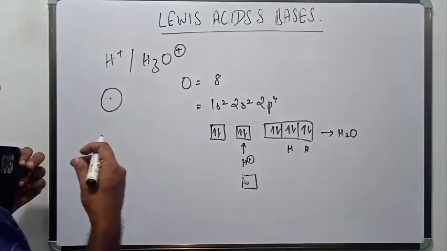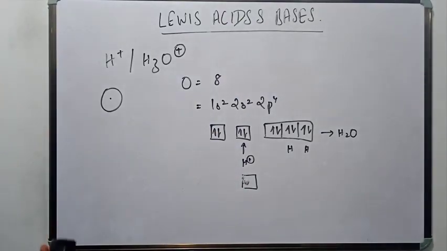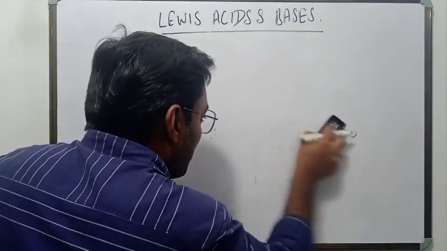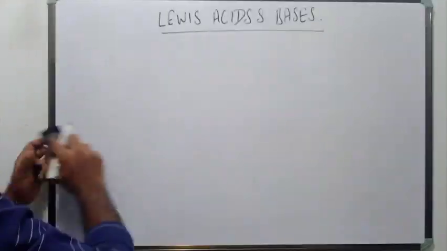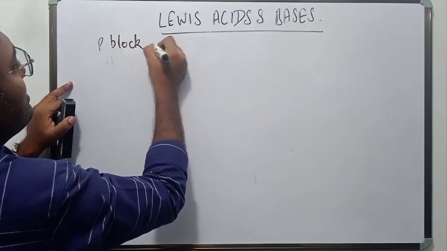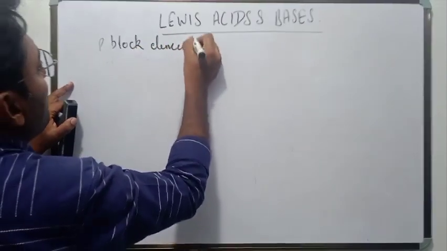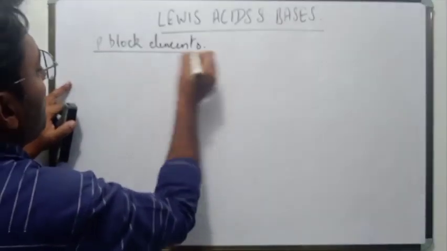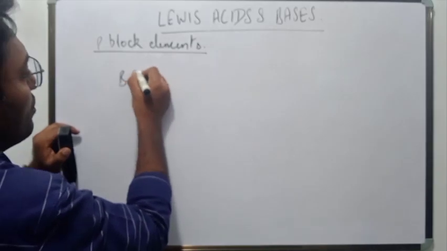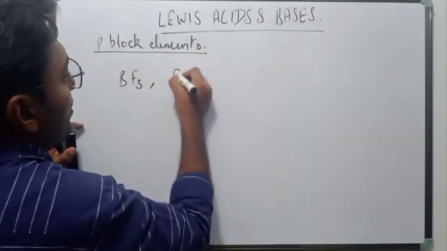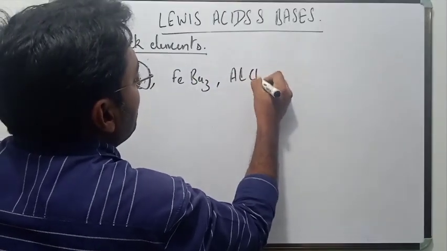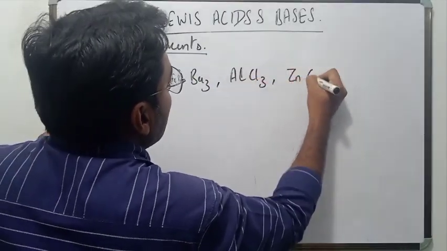Now let us understand this better by going to the second set of examples. P block elements, atoms that belong to P block elements, are boron, iron, aluminum, zinc.